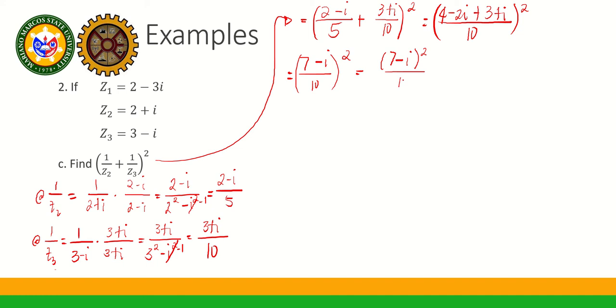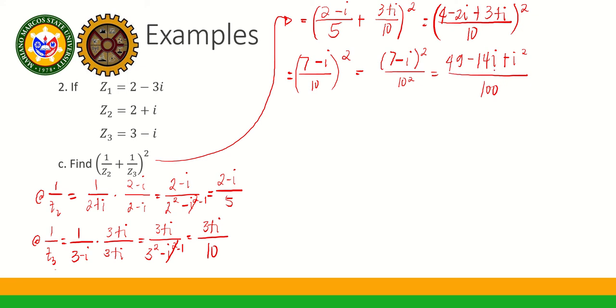squared over 10 squared. And this will be equal to 7 minus i squared, that is 49 minus 14i plus i squared over 100. Okay.